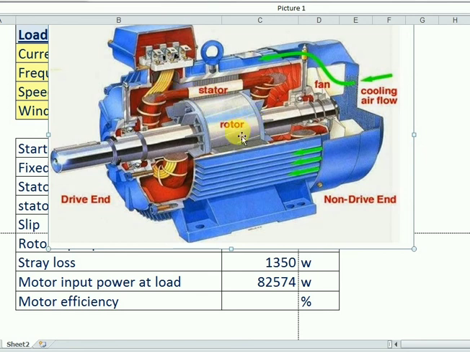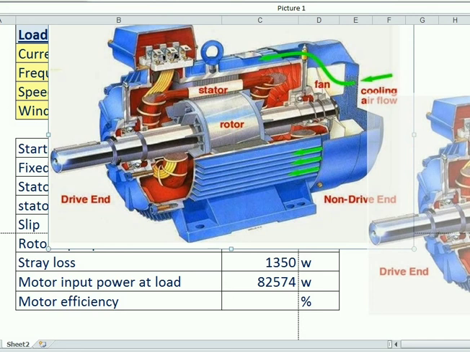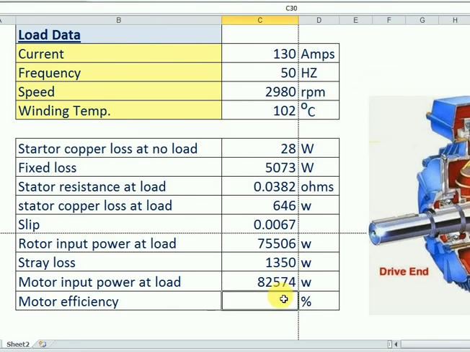Those are the 4 components. The design capacity of the motor divided by this input power, times 100, is the motor efficiency.